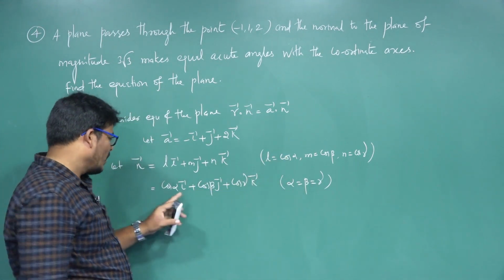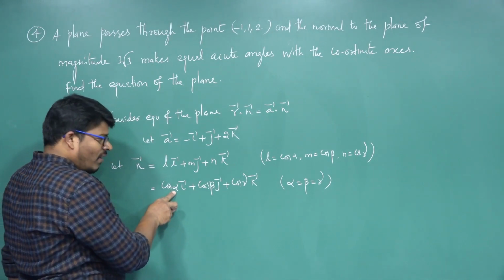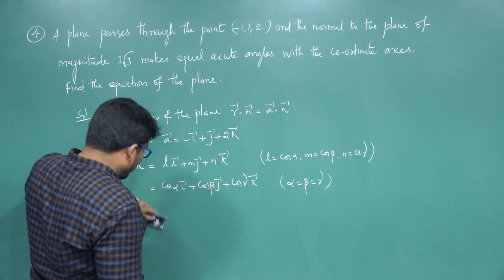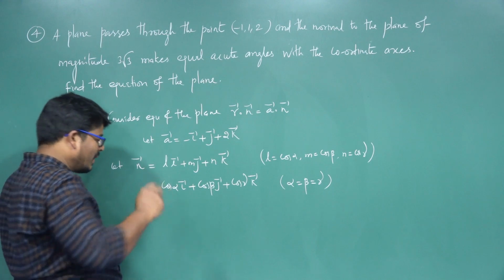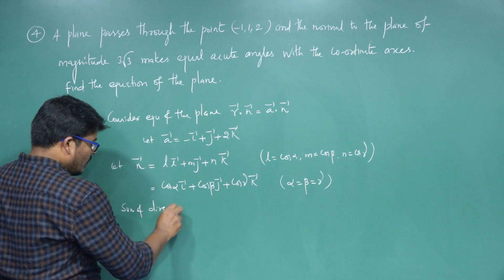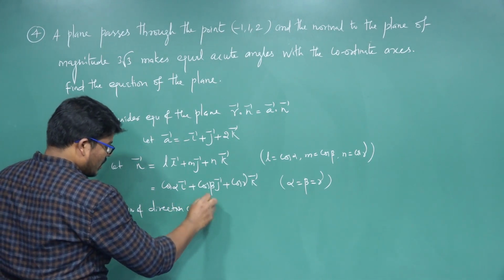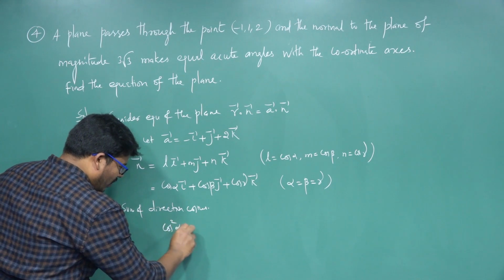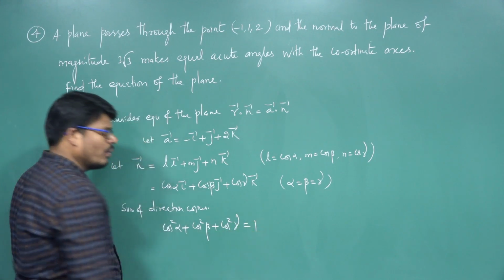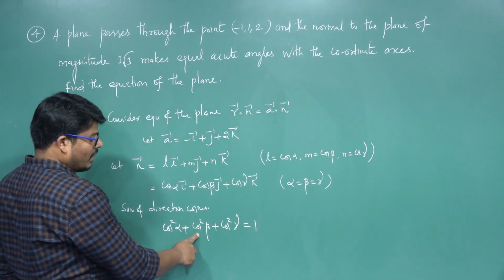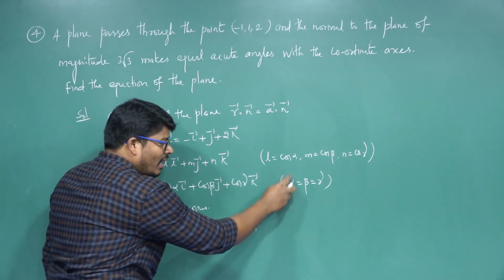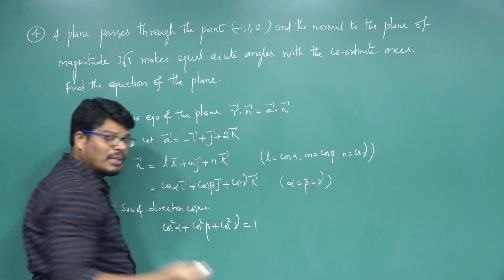The sum of the squares of the direction cosines is 1, so cos square alpha plus cos square beta plus cos square gamma equal to 1.